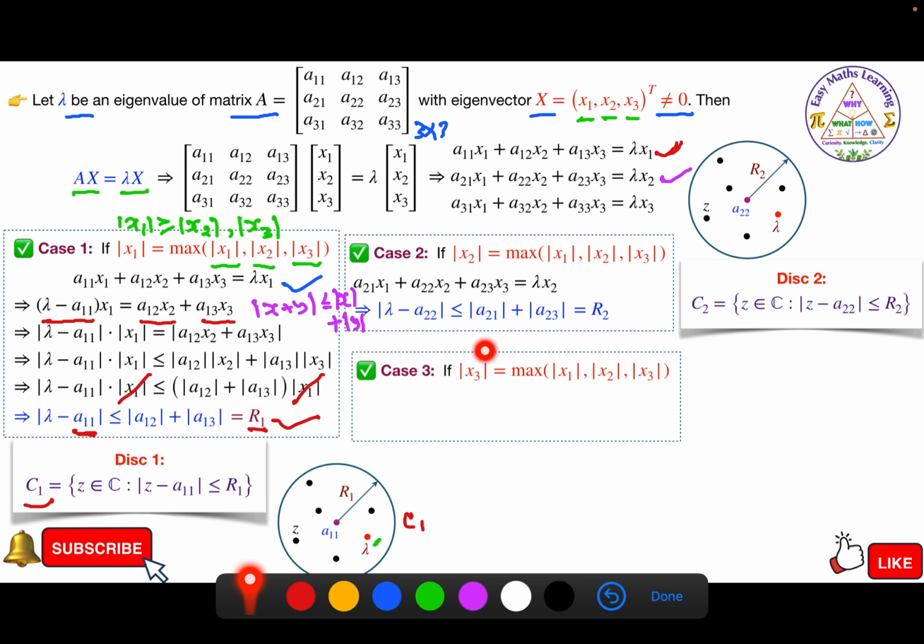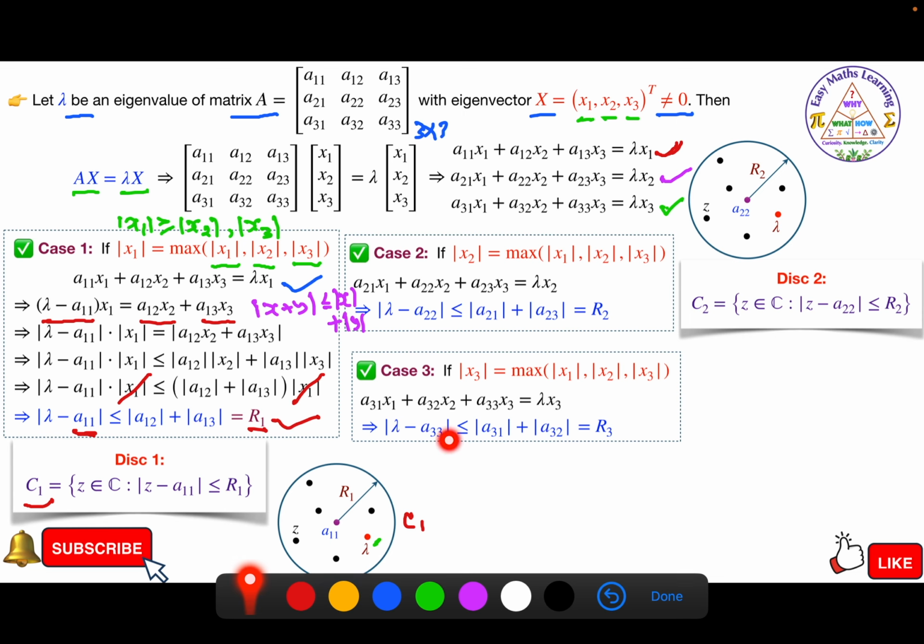Now for the third case, we assume modulus of x3 is maximum. After applying a similar procedure, we start with the third equation, as x3 appears in it, and applying the same procedure we get this inequality.